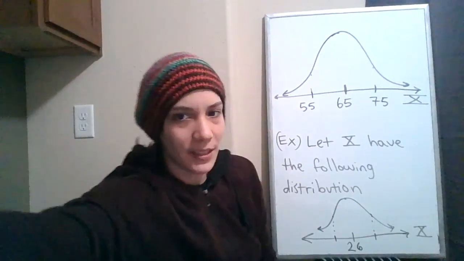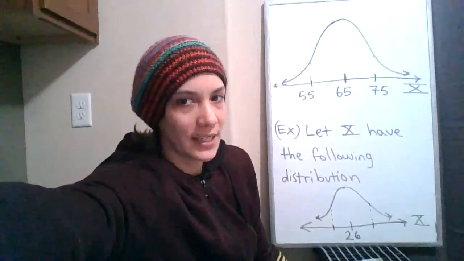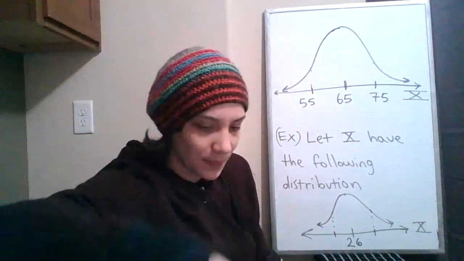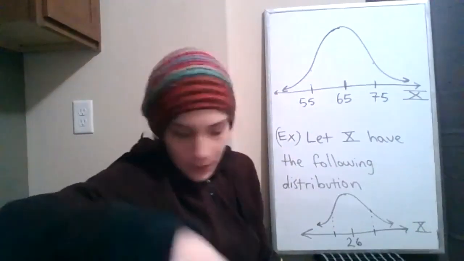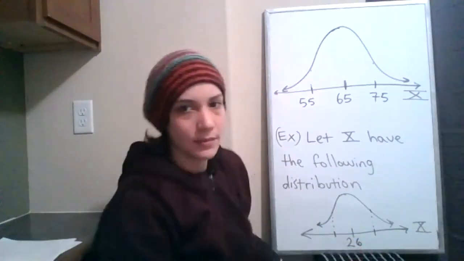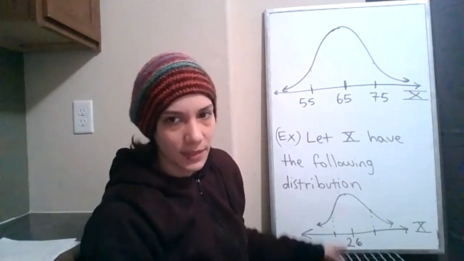Okay, we're going to pretty much just wrap it up. So all we're going to ask is, what is the mean? So looking at this graph, the mean would be 26, the center.